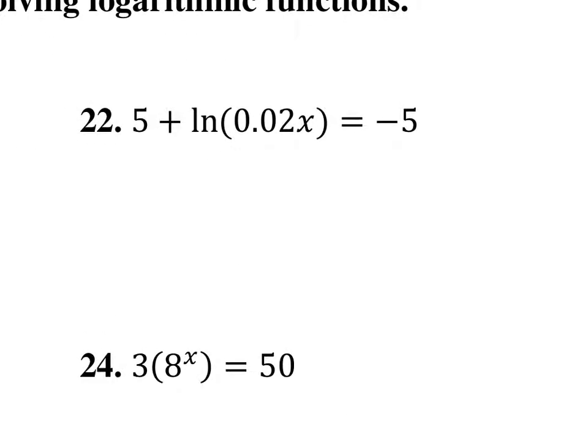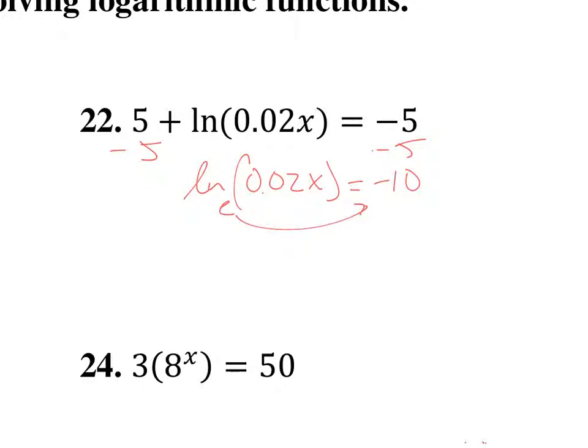Over here, we've got a natural log. So let's subtract 5. And we've got natural log of 0.02x equals negative 10. Remember, this is base e. So we're going to raise both sides to e, or you can think of it as using the definition of a logarithm.